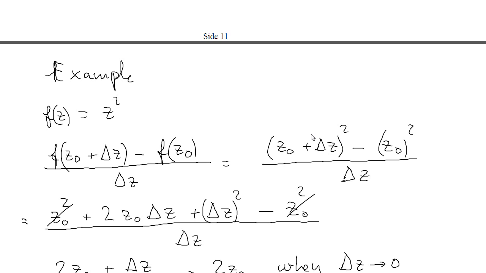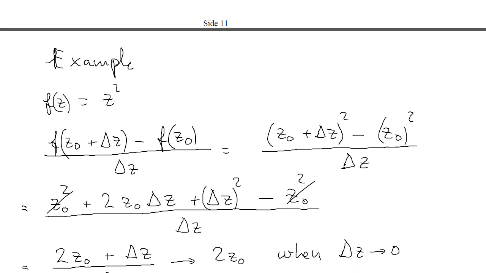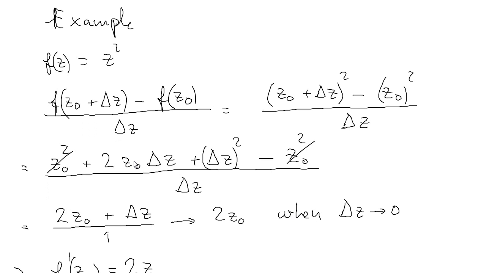So now we are squaring the sum of z0 and delta z and obtain these three terms. And now we see that this term and this term are equal with opposite signs, so we can remove them, and we are left with these two terms in the numerator.